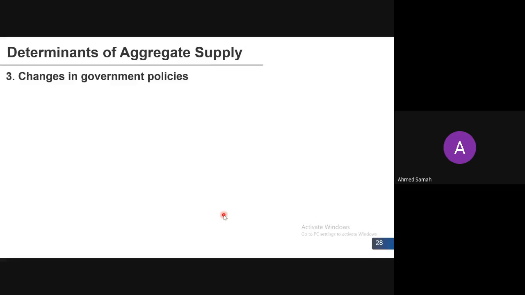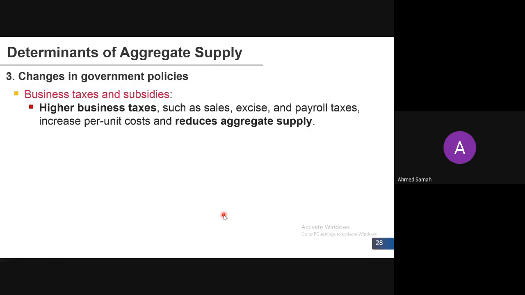The third one is changes in government policies. One of which is business taxes and subsidies. When the government increases business taxes, that means businesses have to incur more cost per unit, and because of that, it will reduce their aggregate supply.